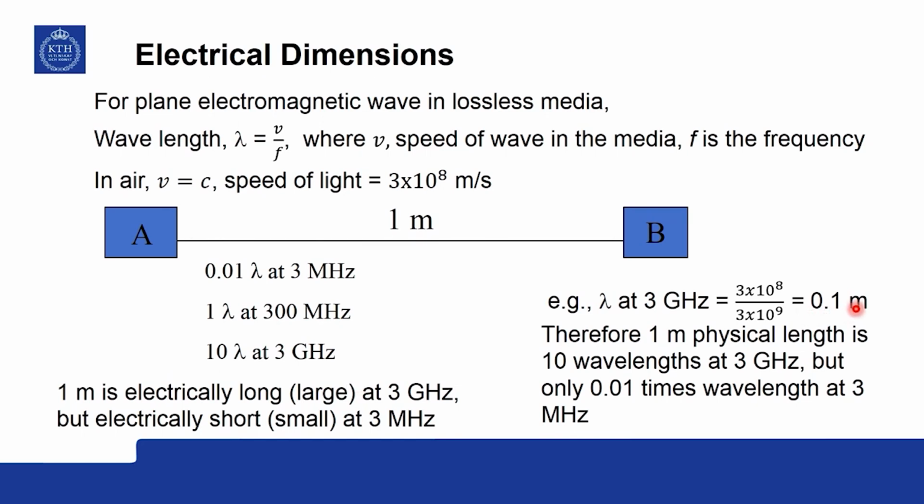It is several wavelengths at 3 gigahertz, whereas at 3 megahertz, it covers only a portion of a wavelength. So, it will be electrically short. The same distance, the same cable, will be electrically short or electrically small at 3 megahertz and electrically large at 3 gigahertz. These concepts we will be using very often.